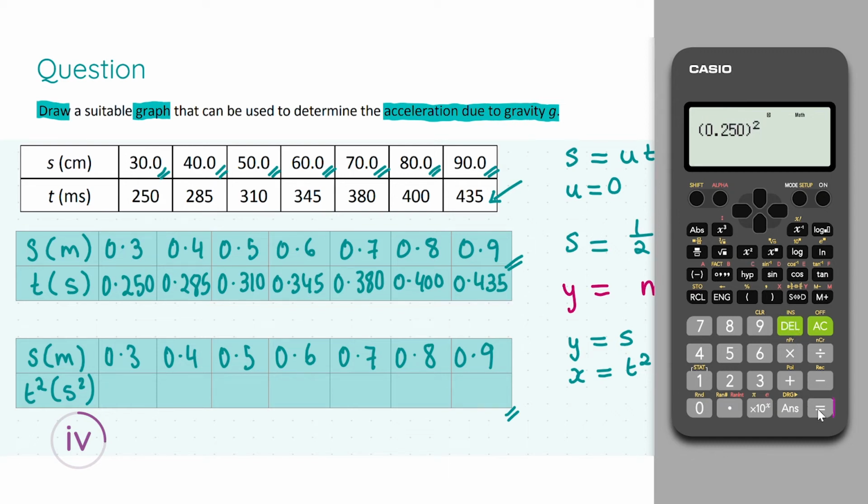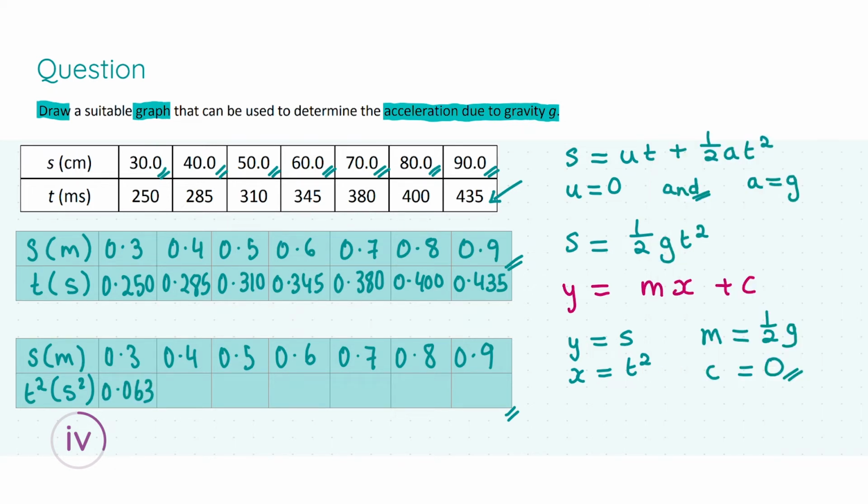We're going to square it, hit the equal sign, and we get 0.0625. The calculator gives it to 4 decimal places. However, the data we're given is to 3 significant figures, so we're just going to round this figure, giving our first t squared value as 0.063 seconds squared.